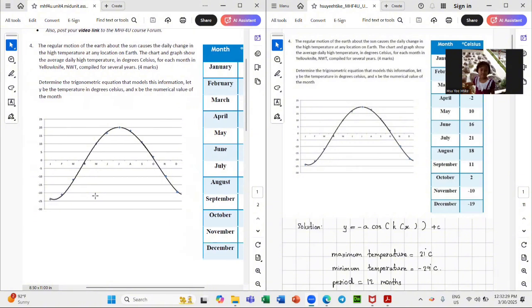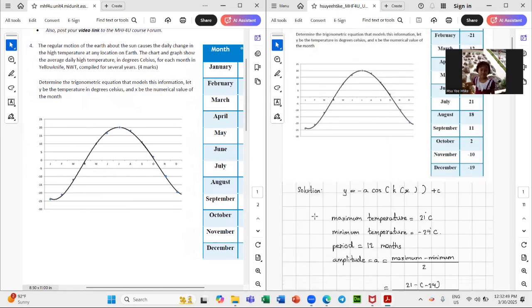So let's go back to the graph. By looking at the graph, we can see that this is a cosine function graph. As it starts from the maximum, it must have been reflected in the x-axis.